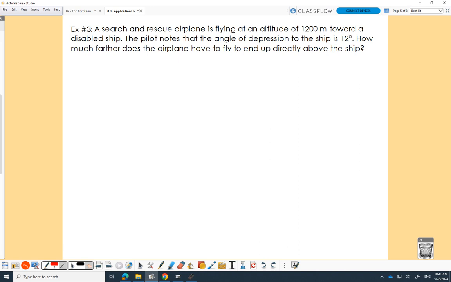So, what do we got? A search and rescue airplane. Draw yourself a little airplane. I'm going to draw it up here. Let's see how good my airplane is. Mine looks more like a dolphin or a killer whale than an airplane. Hopefully you did better than me. It's terrible.